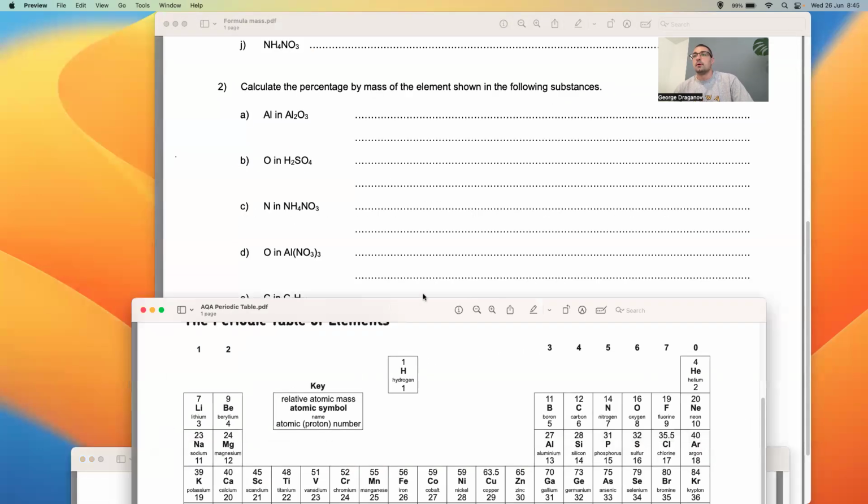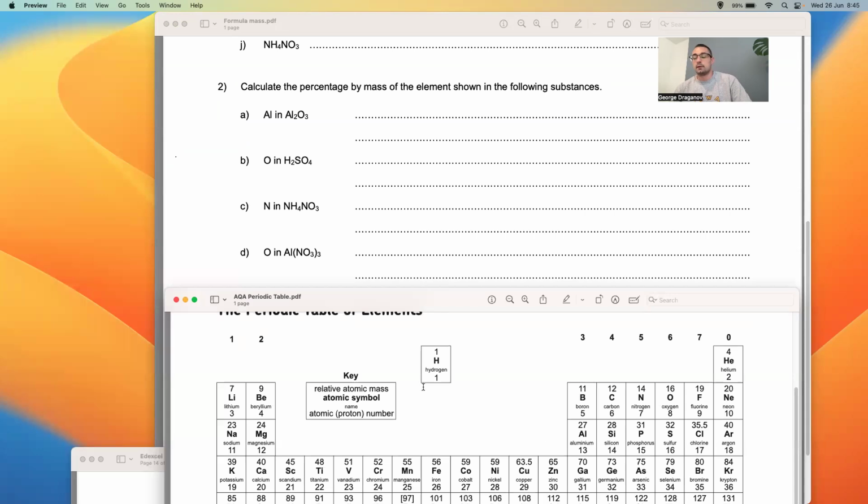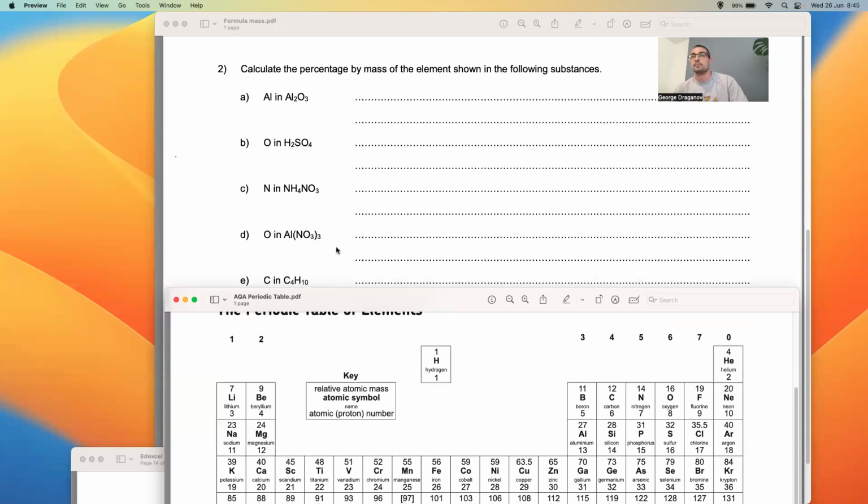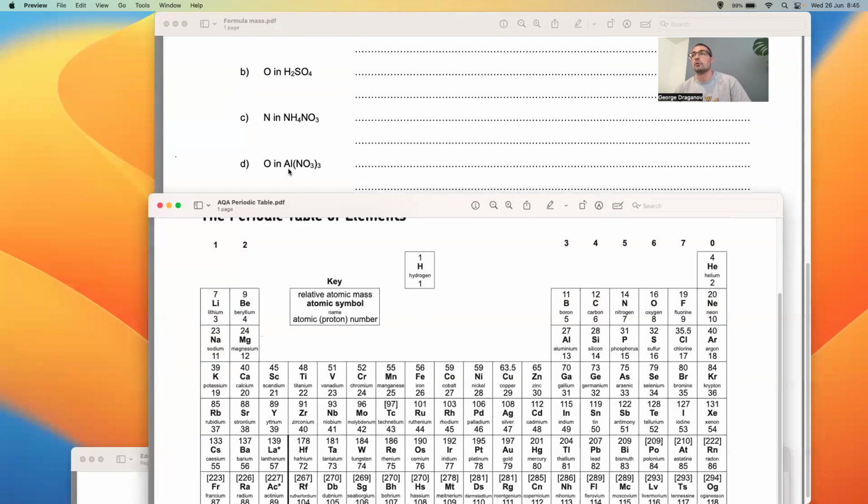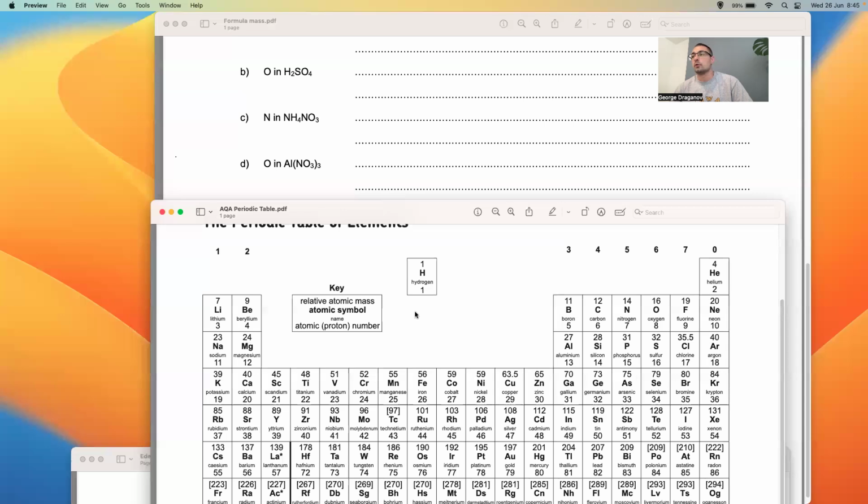There it is, periodic table. So if we're looking at this one, oxygen is 16, and there's how many oxygens? Well, it's 3 times 3, which is 9. So it's 9 times 16 over the total.